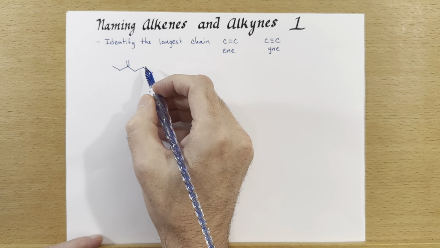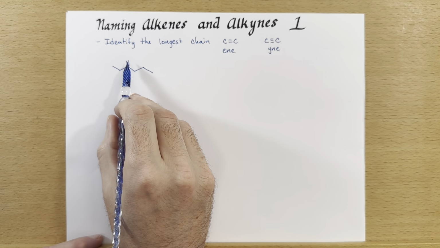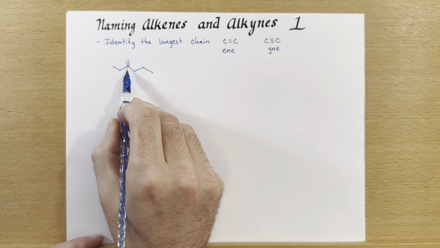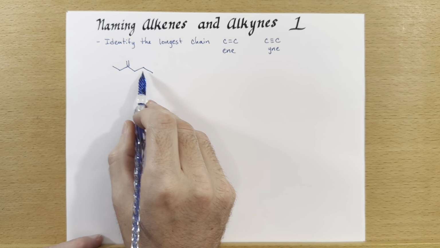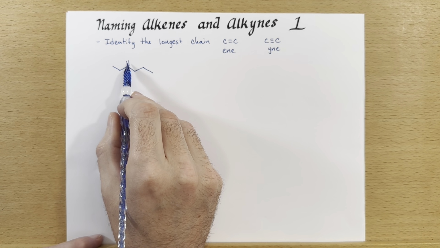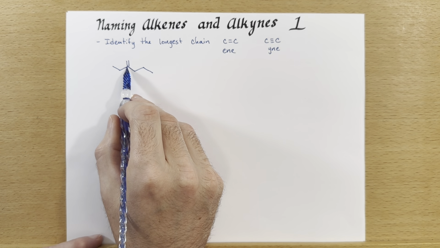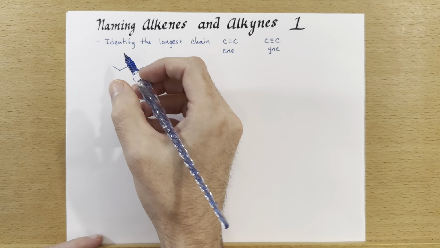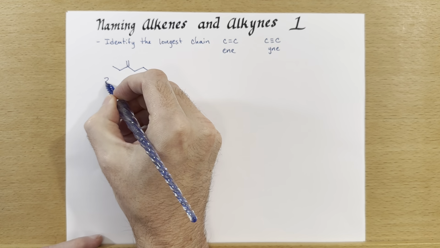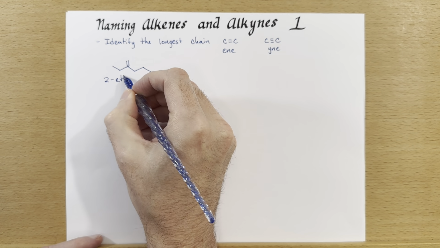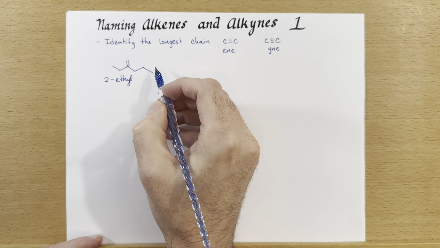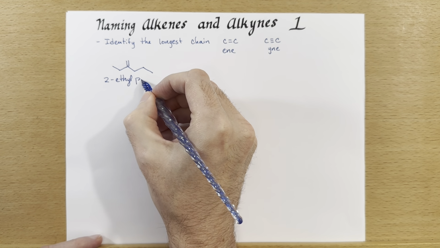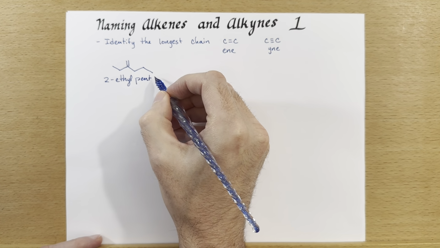So let's name this. And we're going to count giving priority to the double bond. So we'll count from here rather than from there. And we say 1, 2. So this ethyl group is on the second carbon. So we're going to say 2-ethyl. And then since this is a 5 carbon long chain, pent.